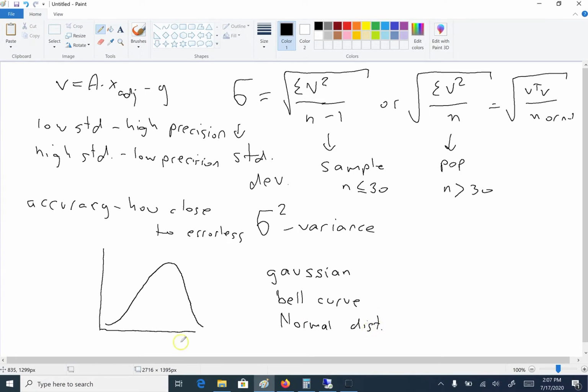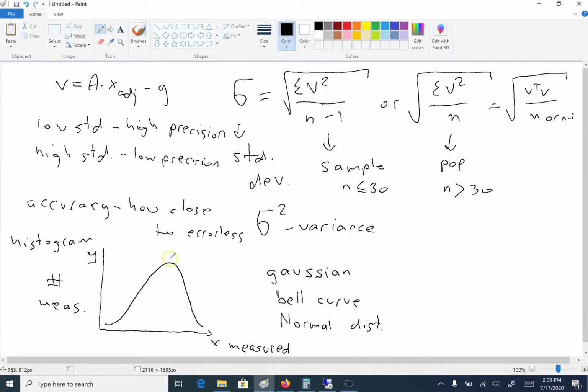These are all synonymous with each other. The x-axis contains the measured value, and the y-axis is the number of measurements. And this is called a histogram, and it tells us how the measurements are distributed.